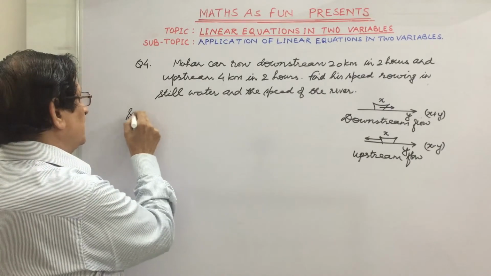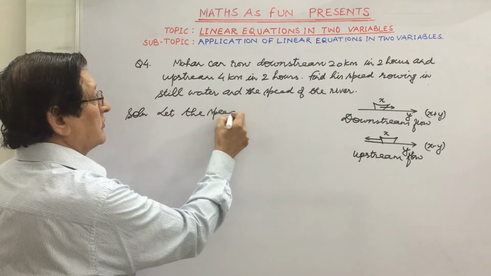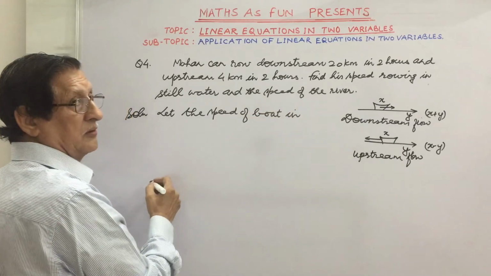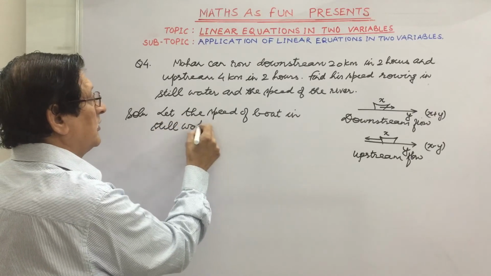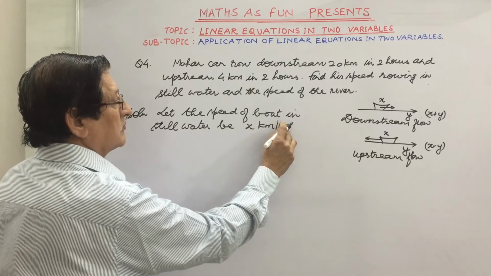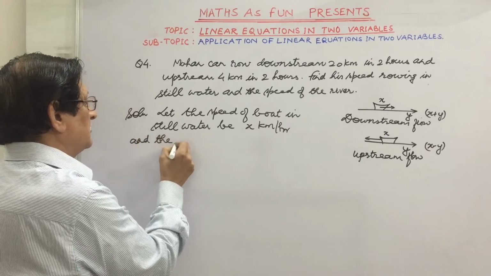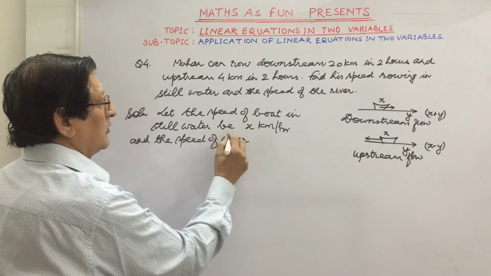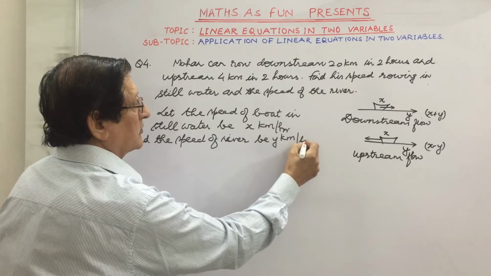Now we are considering the speeds of boat and the river. So we write here in the solution, let the speed of boat in still water be x kilometer per hour, and the speed of river be y kilometer per hour.